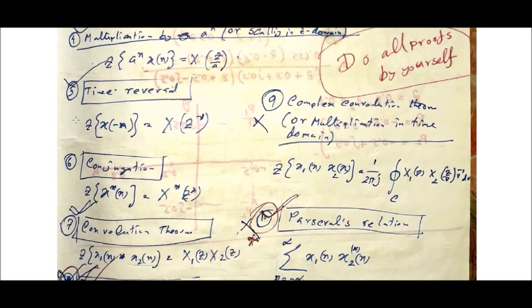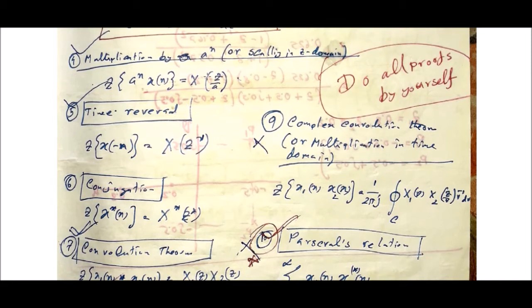Next, time reversal: if the signal is time folded, that means x[n] becomes x[minus n], in the Z domain it will be X(z to the power minus 1). You have to remember these properties.